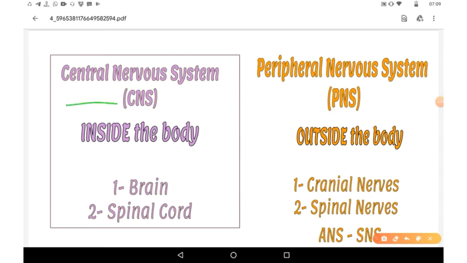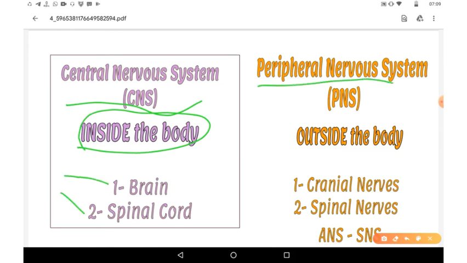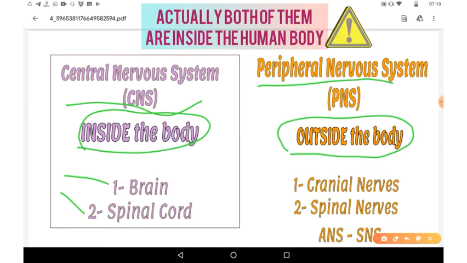The central nervous system is the part of the system found inside the body, which are the brain and spinal cord. Whereas the peripheral nervous system is the parts found outside the body: cranial nerves and spinal nerves.